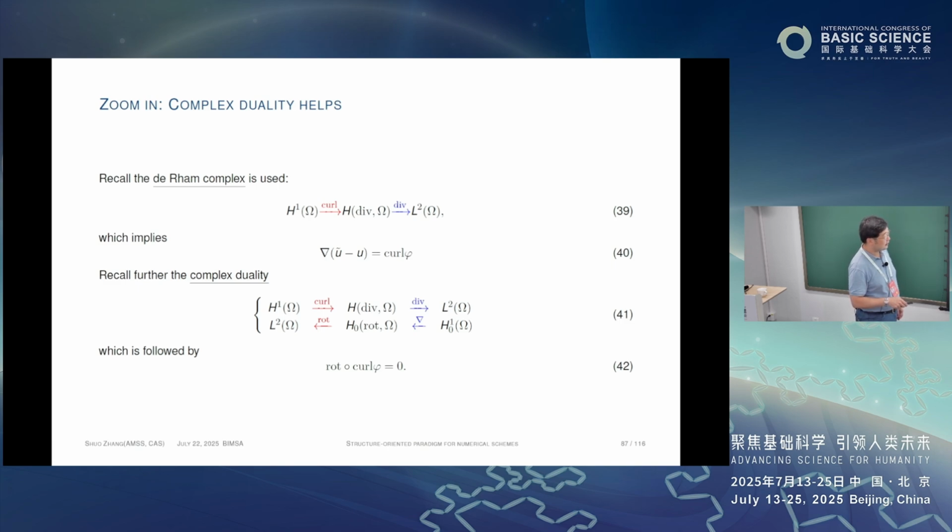Gradient is the adjoint of rot, and rot is the adjoint of curl. So this is a dual complex from right to left. With this, we can see that curl phi solves this rot-free equation. That is to say, rot of curl phi equals 0, and it satisfies this harmonic equation with this natural boundary condition.